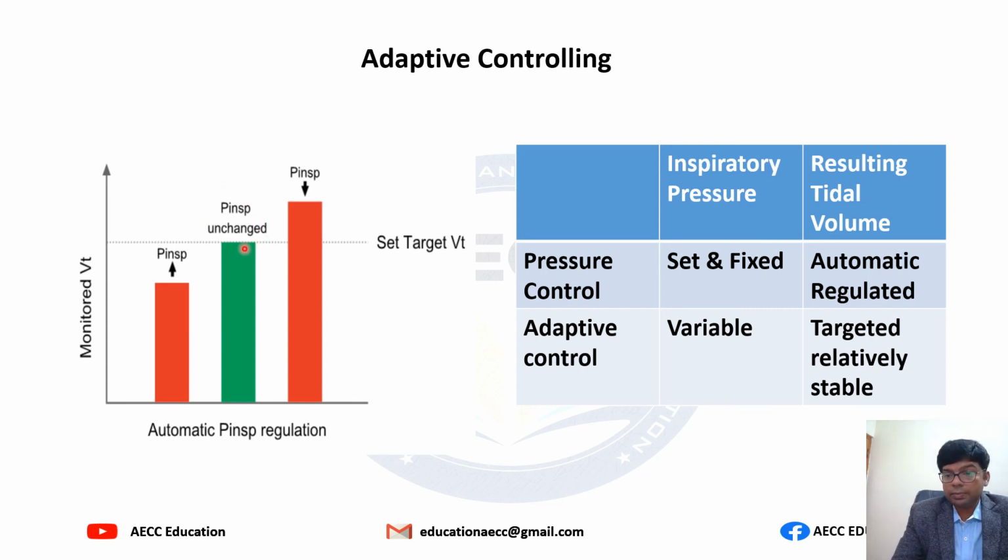If it is not achieved, with less than 400 ml of tidal volume, then the ventilator will increase the peak inspiratory pressure to a certain level to achieve the targeted tidal volume of 400 ml. And if it is more than 400 ml, then the ventilator has the power to decrease the peak inspiratory pressure to a certain level until it achieves the target tidal volume.